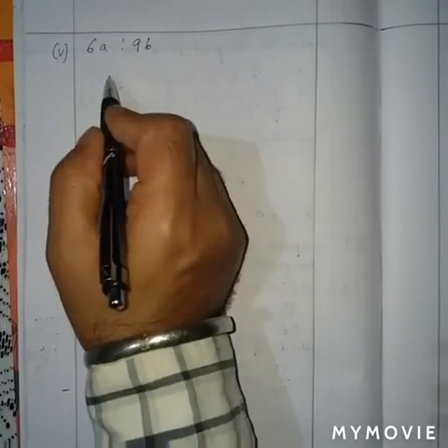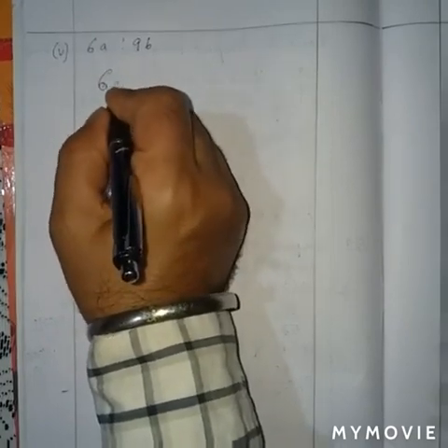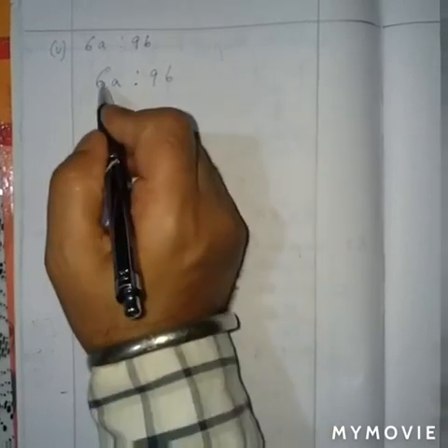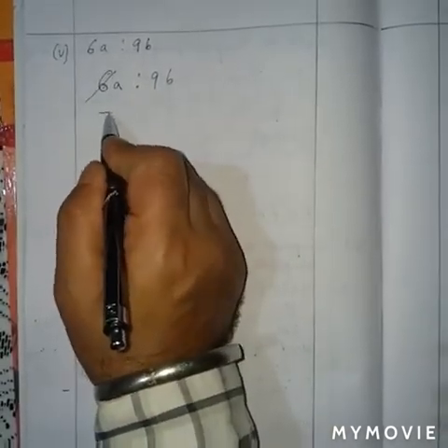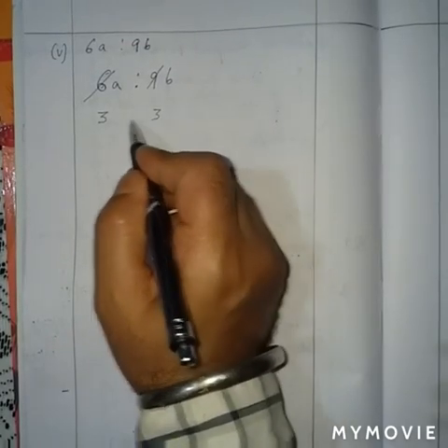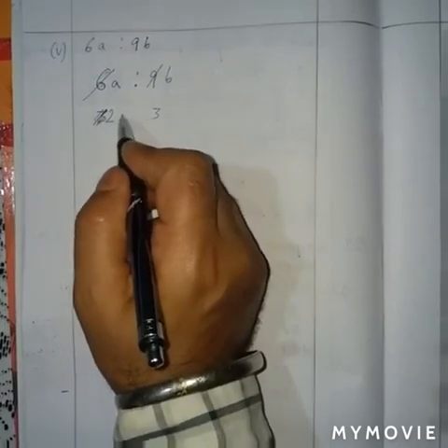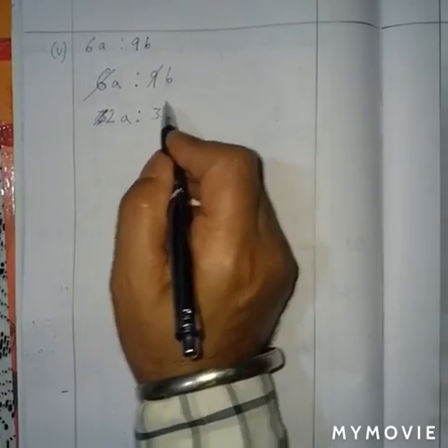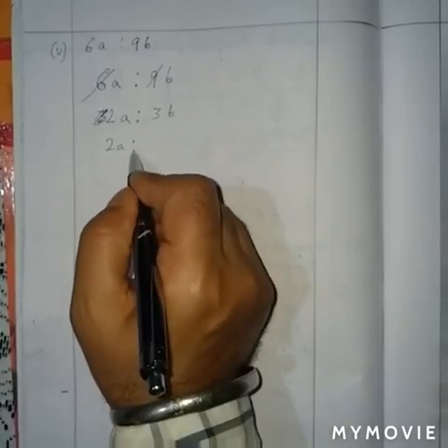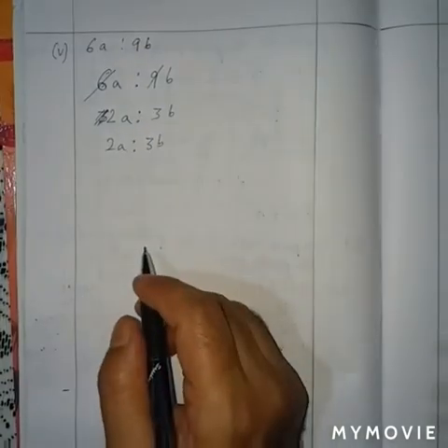So let us first write 6a is to 9b, and 3 2s are 6, 3 3s are 9, a and b. So this is the simplest form of this question.